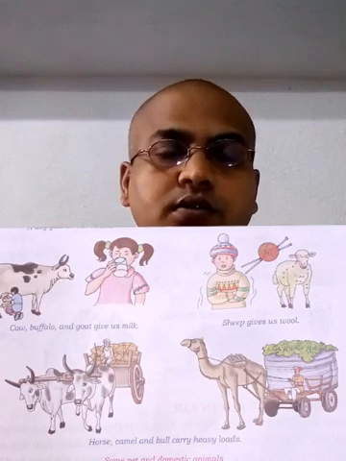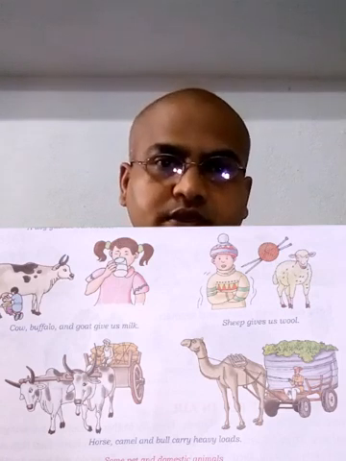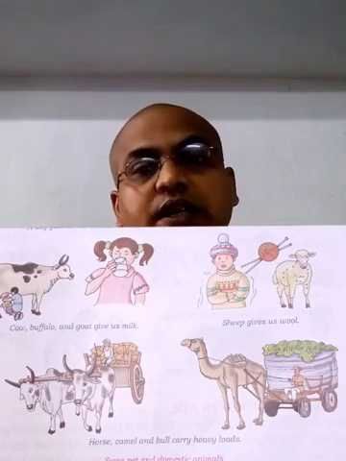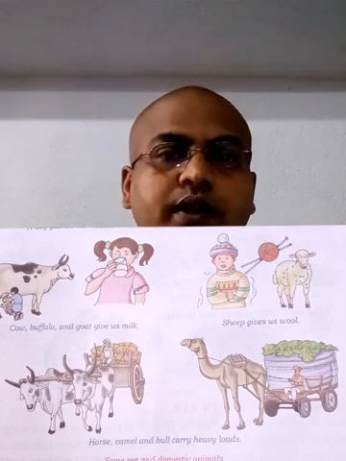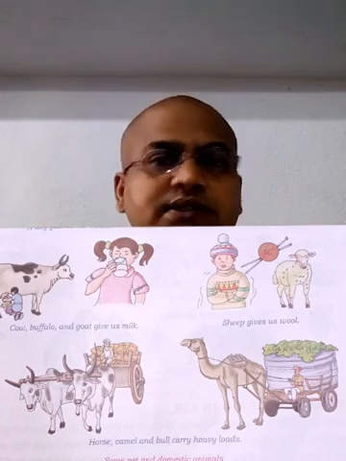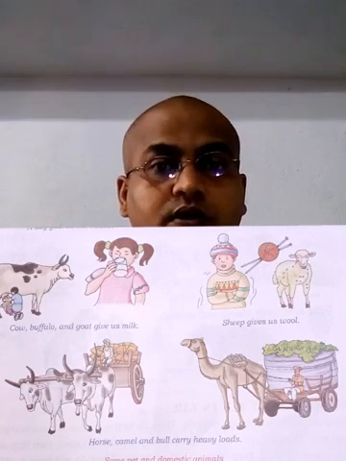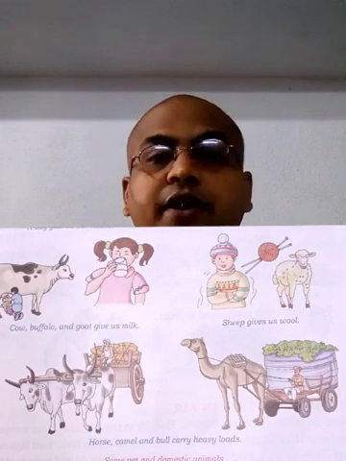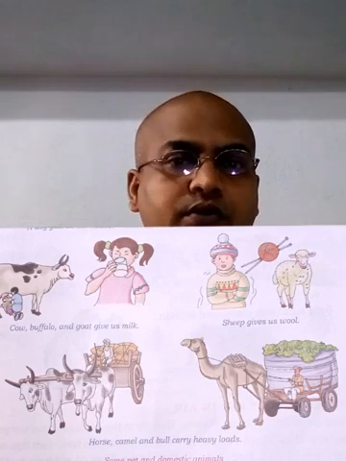First of all, pet animals. The animals which are living in our home, we call them pet animals. But they don't help in our work. They just stay with us, and it is like they are friends of us, like cat, dog, parrot.